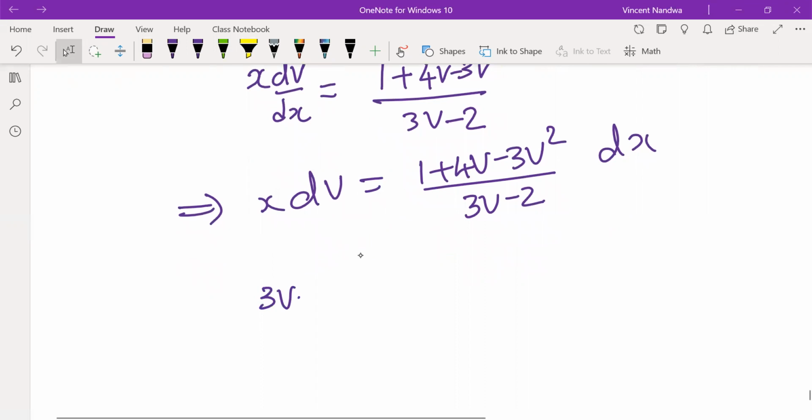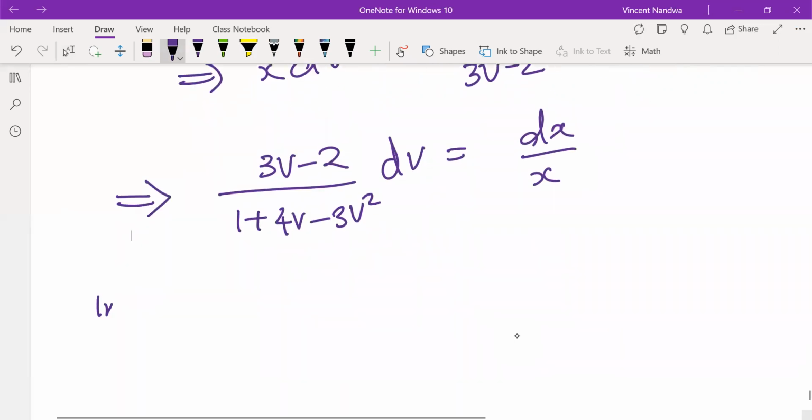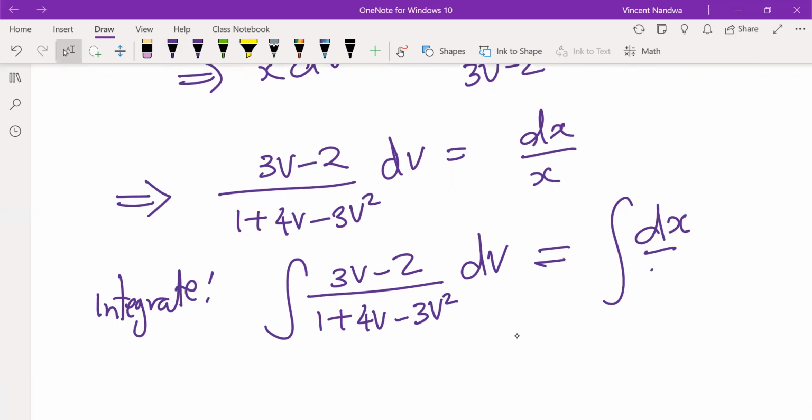So we'll have (3v - 2)/(1 + 4v - 3v²) dv equals dx/x. So now we integrate both sides: the integral of (3v - 2)/(1 + 4v - 3v²) dv is the integral of dx/x.